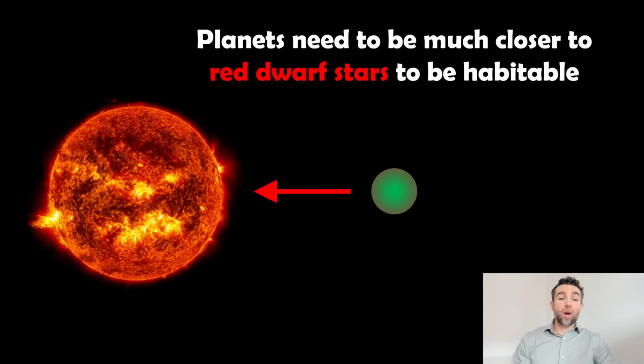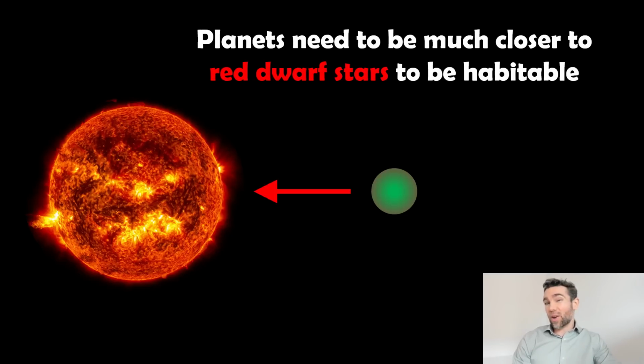So for example, a red dwarf star, you need to be very close to the actual star for a planet to be habitable. And red dwarf stars are one of the most abundant stars in the universe. Most habitable planets that we've found, or potentially habitable, in the habitable zone at least, are around red dwarf stars. The downside is they have to be very close.